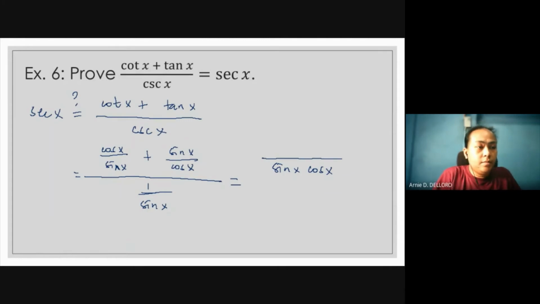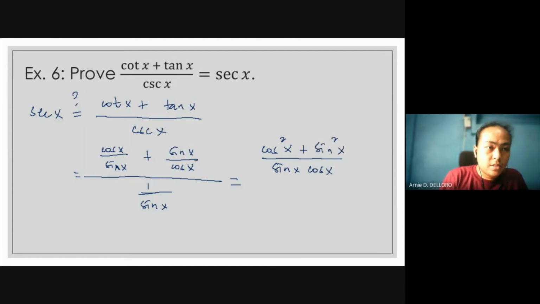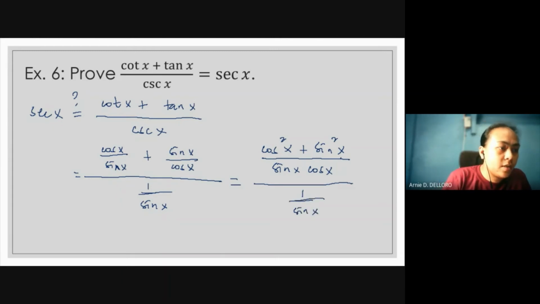Okay? So, sine x cosine x divided by sine is cosine. Times cosine, we have cosine squared x. Plus, sine x times cosine x divided by cosine is equal to sine x. Sine x times sine x is sine squared x. All over 1 over sine x. Okay? Okay, dito na tayo.